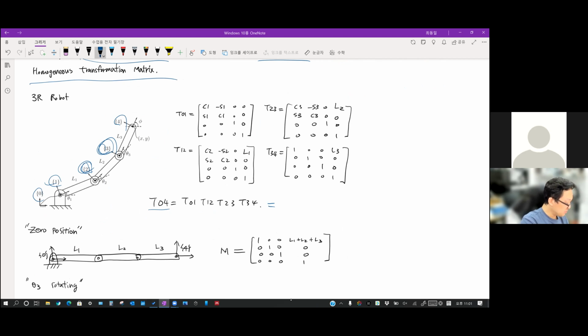This homogeneous transformation contains the rotation matrix from 0 to 4 and a position vector from 0 to 4. Using these two pieces of information, we can find forward kinematics.